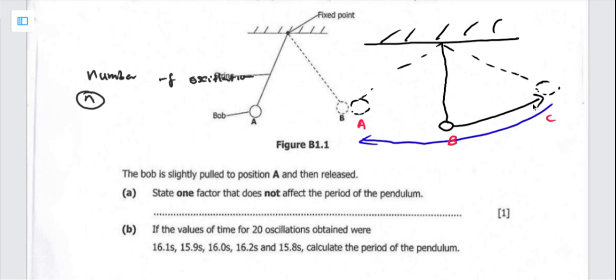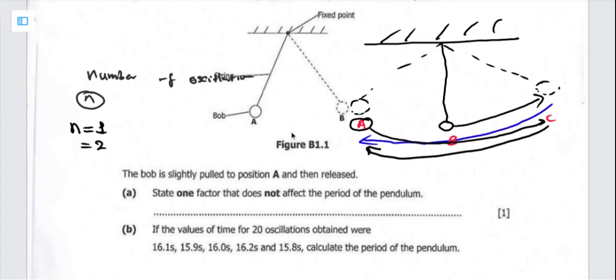For example, if the bob, mind you, this one is the bob, starts from A, it will move through B up to C and then back to the same position, which is A. That's when it makes one oscillation, so n is equal to 1. Then again, when it moves from A through B to C and back to A, it makes 2 oscillations. That is one thing that you have to understand.